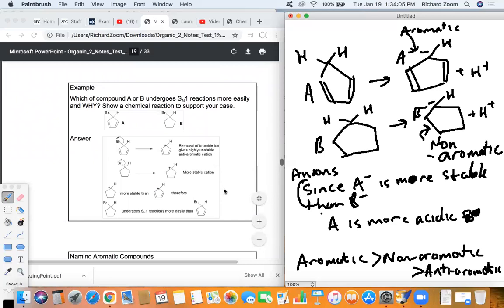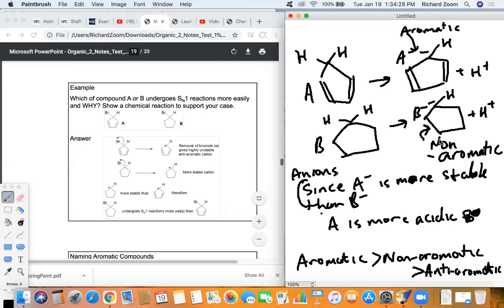Okay, the other possibility: which compound, A or B, undergoes SN1 reactions more easily and why? We have to take this back a little bit and give ourselves a bit more background as to what happens during SN1 reactions. You can see that when we're talking about acidity, we're dealing with anions.